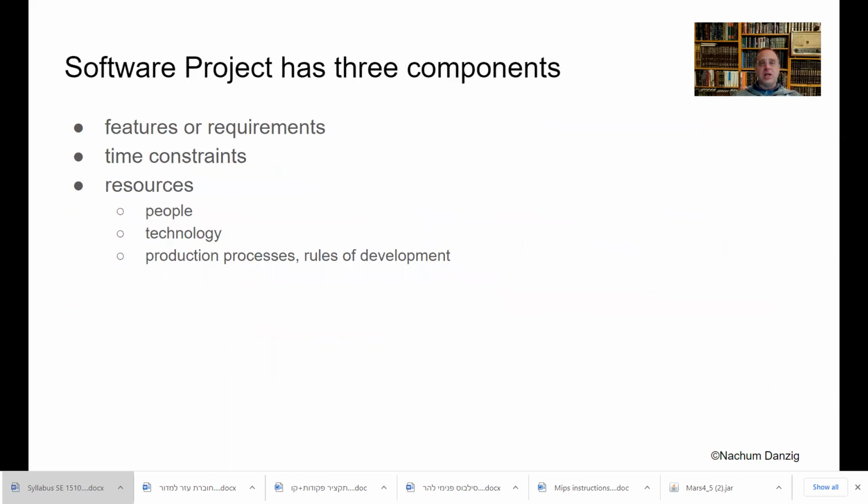Now, a software project has three components that go into making it. This is a weird kind of definition here, but the product has requirements or features. In other words, it has to have something that it's supposed to do, some requirements that it's going to fulfill, and some features that it's going to provide.